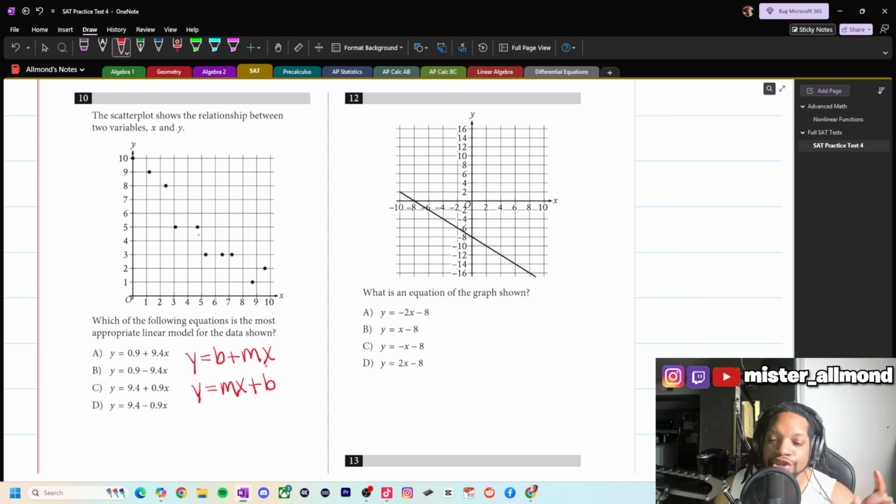Notice that your m is the coefficient of x, not a standalone constant. And we know m should be negative because my line is obviously decreasing. That automatically eliminates A and C, because both B and D have negative slopes.